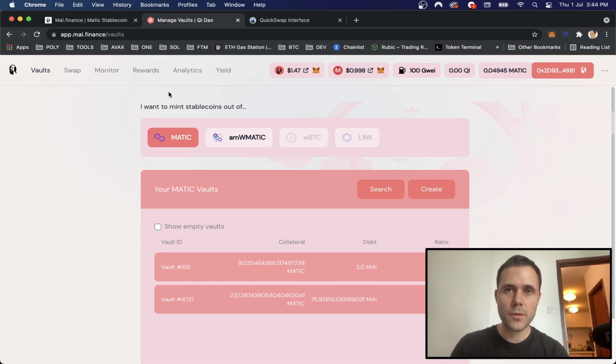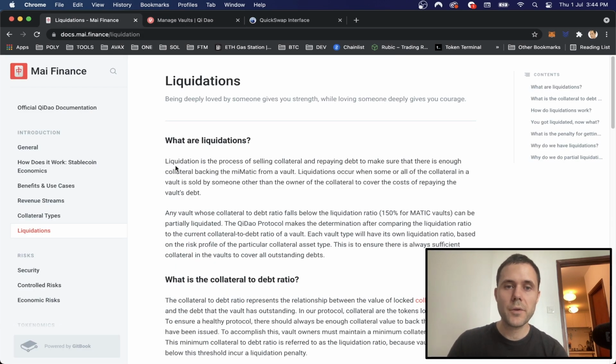So how does it work with liquidations? Let's take a look at that. So what are liquidations? Liquidation is a process of selling collateral and repaying debt to make sure that there is enough collateral backing the Matic vault. So liquidations may occur when some or all of the collateral in the vault is sold by someone other than the owner of the collateral to cover costs of repaying the vault's debt.